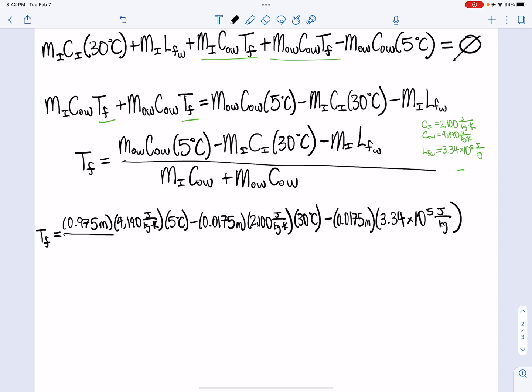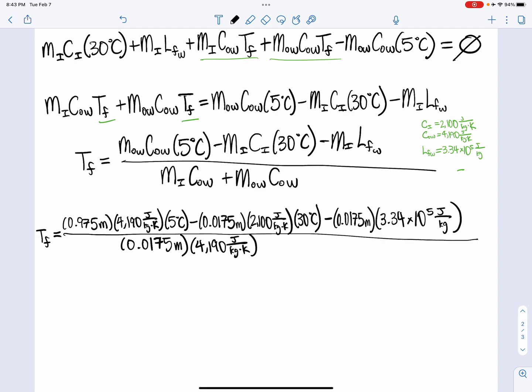And I'm going to divide all of those by 0.10175 M times 4,190 joules per kilogram Kelvin plus 0.975 M multiplied by 4,190 joules per kilogram times Kelvin.